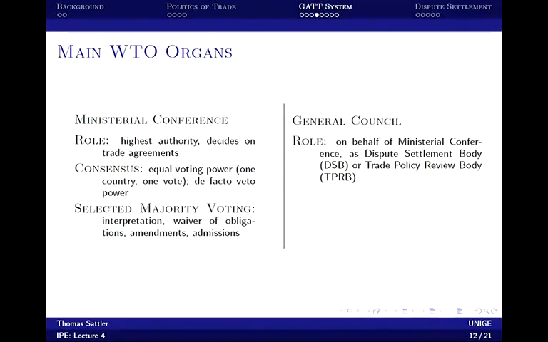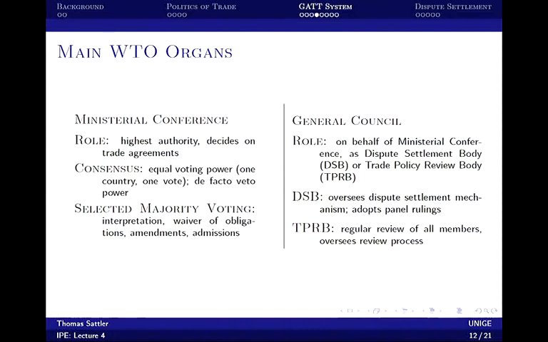Sometimes it meets as the dispute settlement body, and sometimes it meets as the trade policy review body. As the dispute settlement body, it just oversees and adopts the rulings by the panel, which is basically an international court that rules over the trade policy of certain countries. I'm going to talk about this in the second half today.